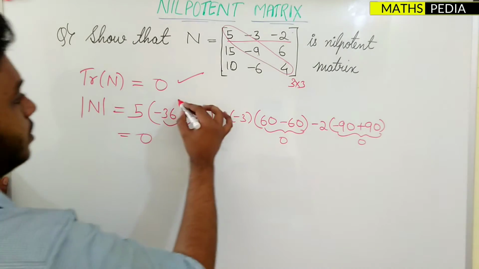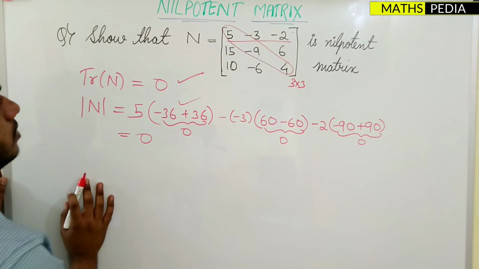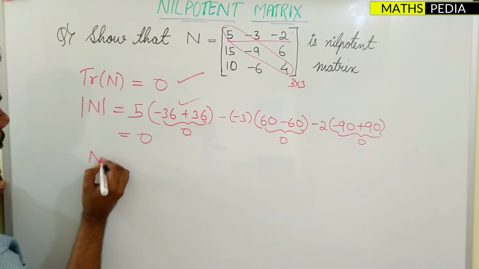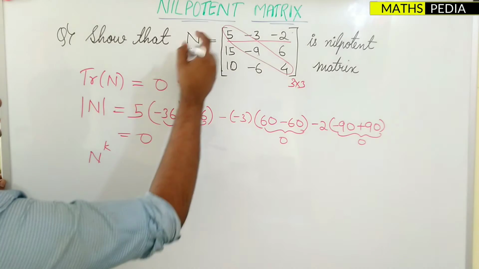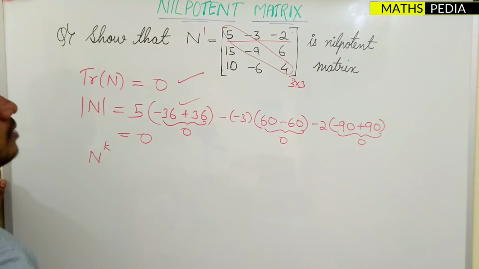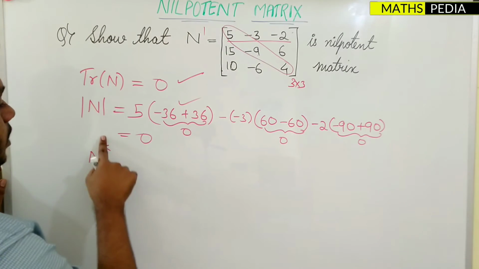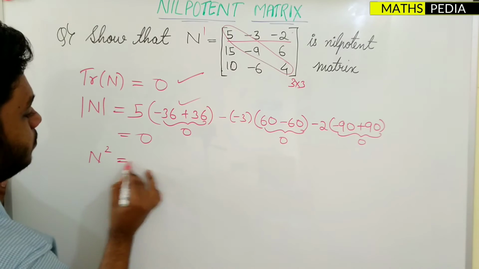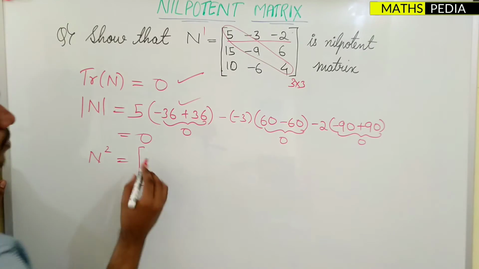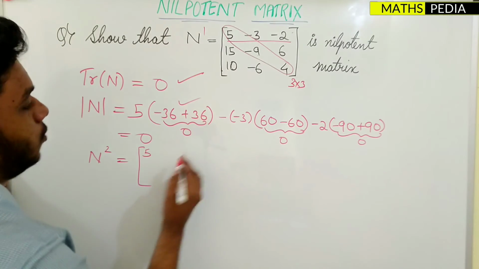So we have satisfied two conditions. The next one is N power k. Here it is k equal to 1, N power 1. So let us go for N power 2. N power 2 means you have to multiply this matrix twice.